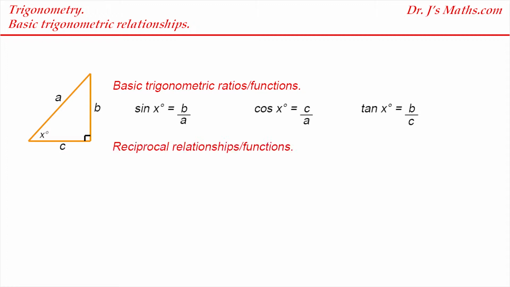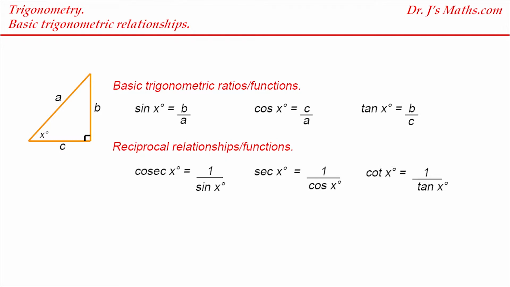Now we also define reciprocal relationships, in other words 1 over the trig ratio, because sometimes they're very handy in our analyses. So we call cosec the value of 1 over sine x. We call sec the value of 1 over cosine of x, and cot is the value of 1 over tan x.